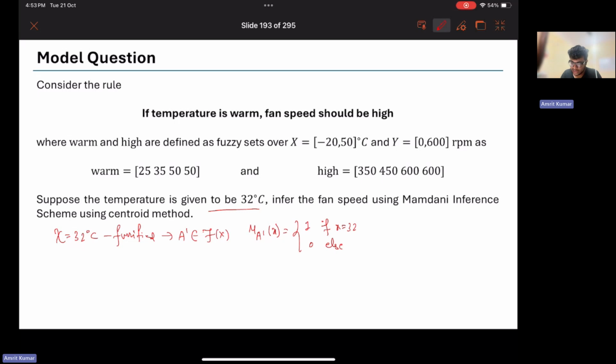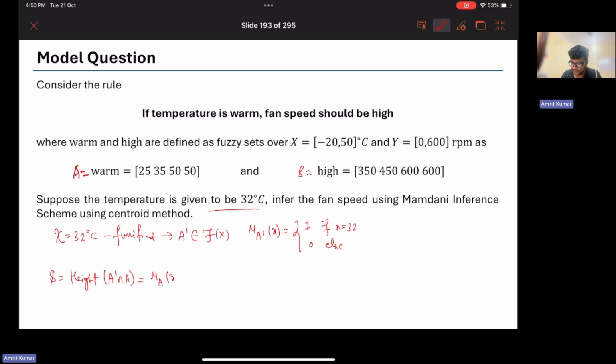Now we compute the similarity value S, which is the similarity value between A dash and A. A in this case is high. This is by the way B. So the similarity between A dash and A is nothing but the height of A dash intersection A. And we have already seen when I was talking about singleton fuzzification that this is nothing but mu A of x naught.